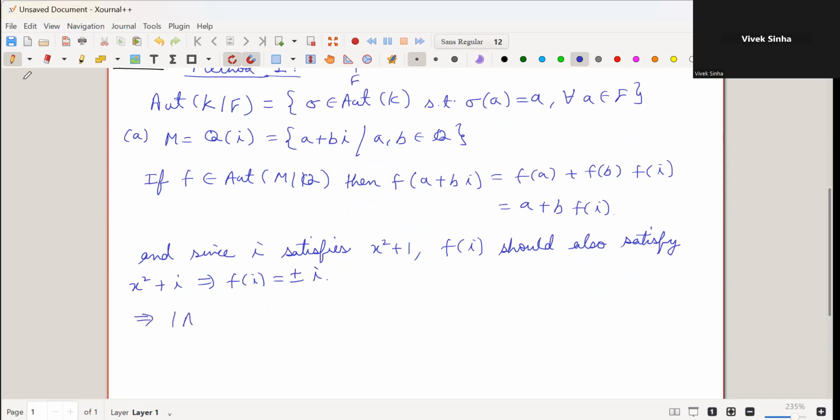So this implies, maybe not just the cardinality, we have actually explicitly defined what Aut M over Q is.